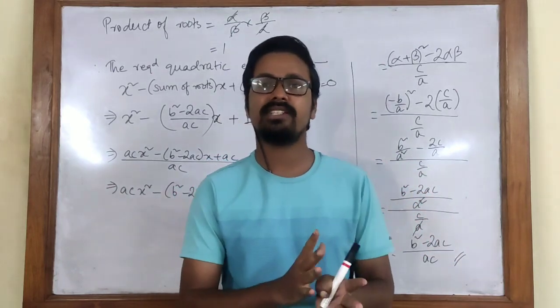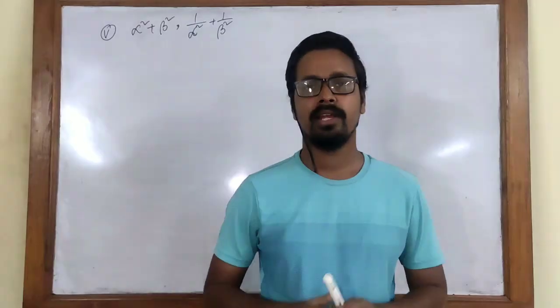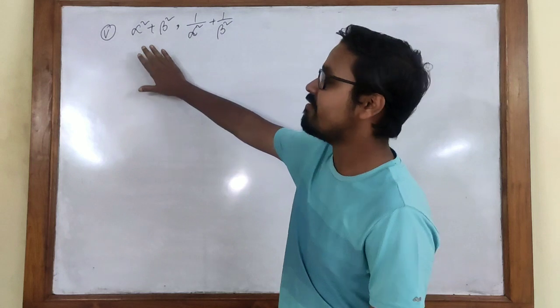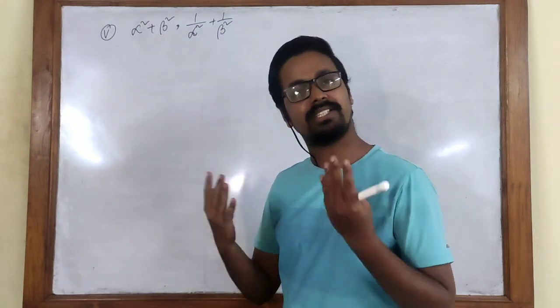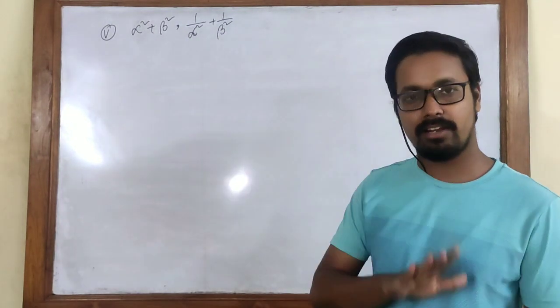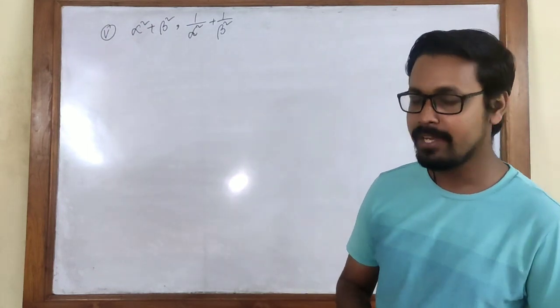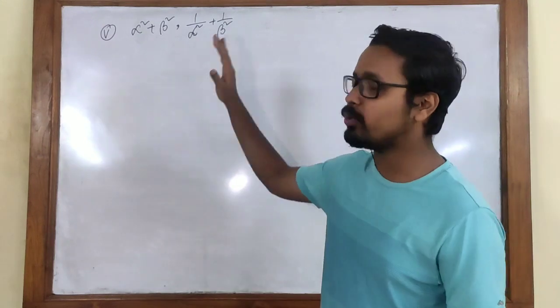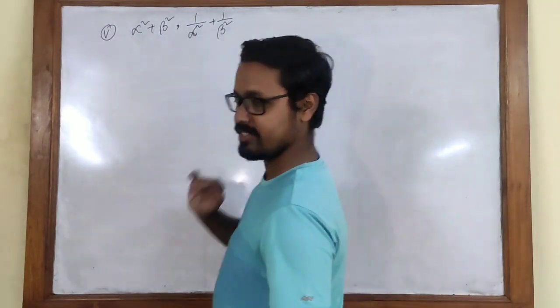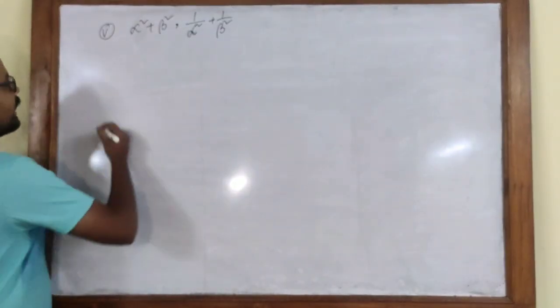Let us take one more example and see if we can solve that. Now let us see problem number 5. In this question again we have to do the same thing. We are given that alpha and beta are the roots of ax square plus bx plus c equal to 0, and we have to find the quadratic equation whose roots are these. So let's start.